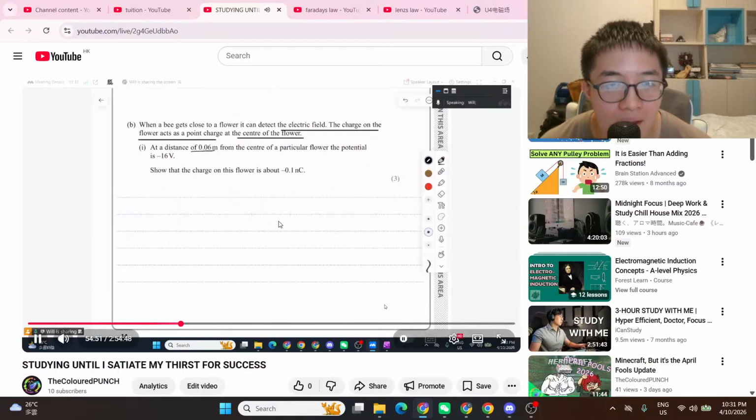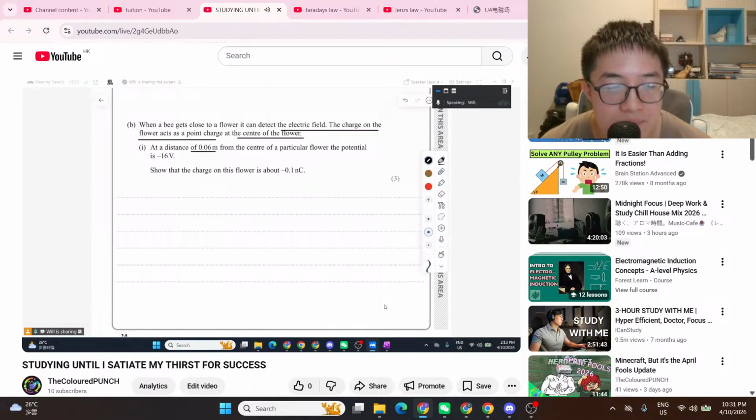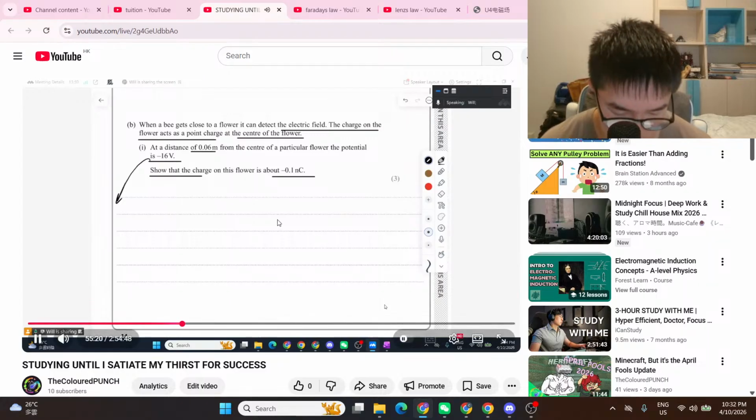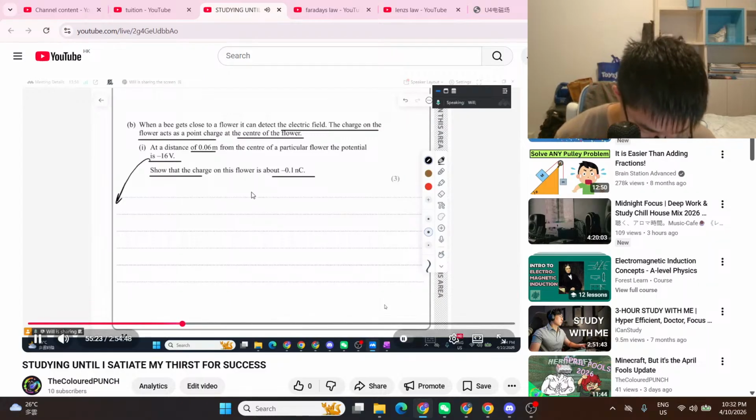At the distance, we have known the distance from the center of the particular flower. The potential is negative 16 volts, and we want to show that the charge on the flower is negative one nano charge. How to solve it? Use two equations.